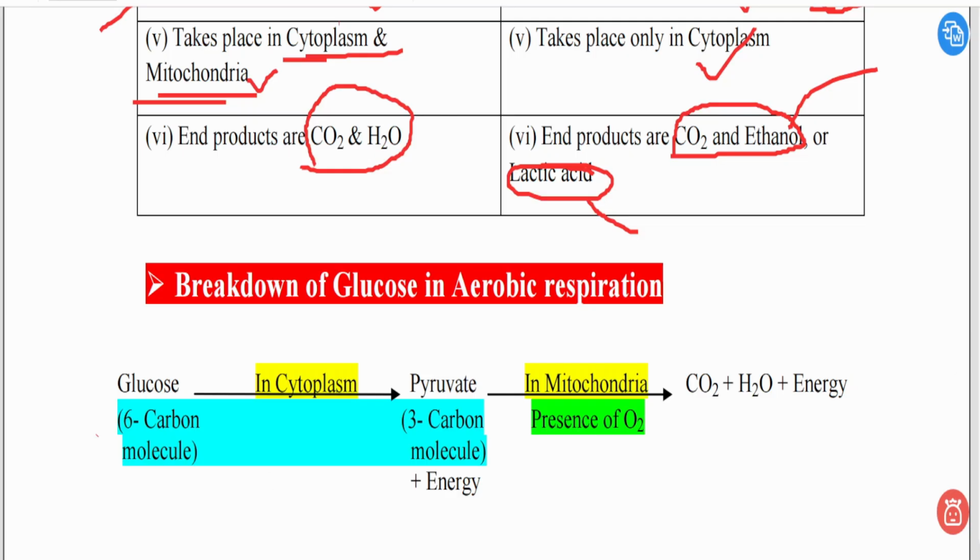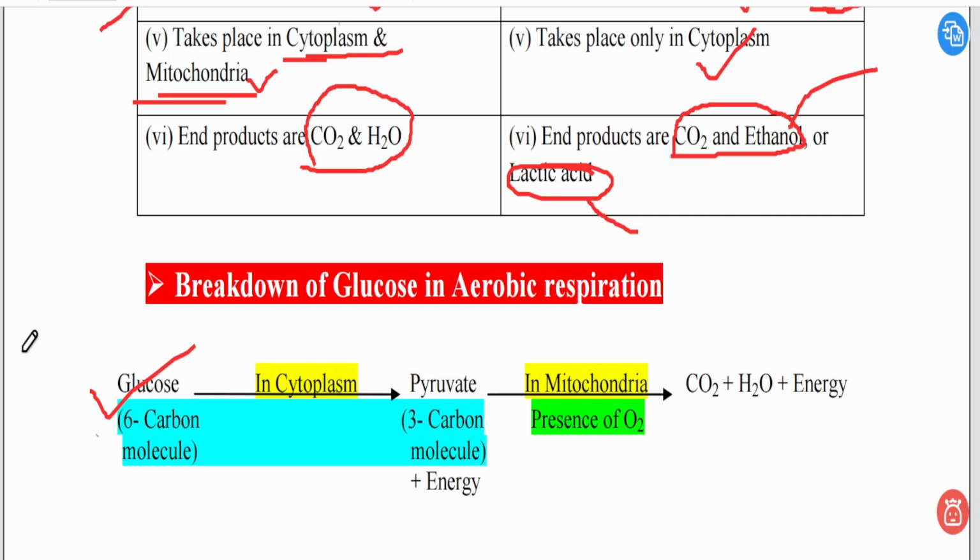Now see, during breakdown of glucose in aerobic respiration, what happens? As I already told in the difference between aerobic and anaerobic respiration, glucose or food sources from the external environment are taken in.